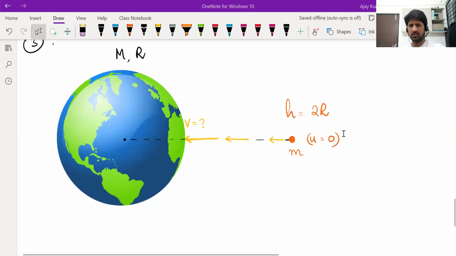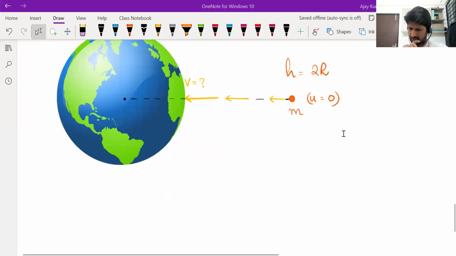What idea have you applied? Sir, mechanical energy conservation. Fine. So tell me, how much is the initial potential energy between the planet and the particle? Sir, GMm by 2R.